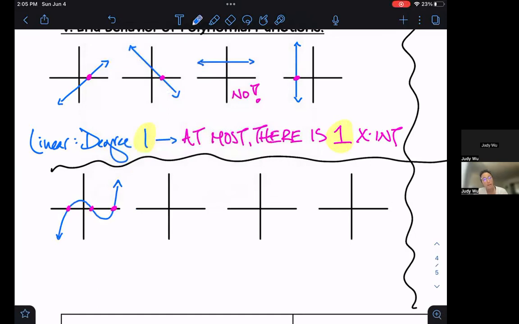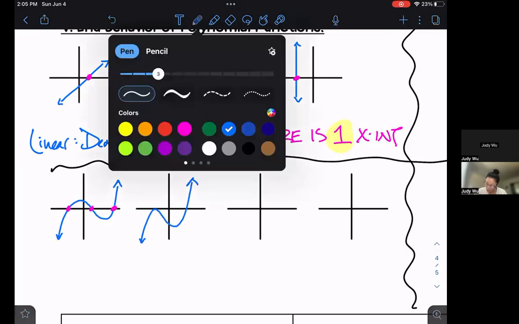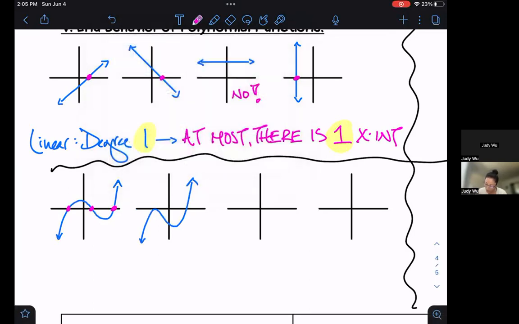Can I draw a cubic that only crosses the x-axis or touches the x-axis twice? Well, I could maybe if I did something like this. Once, twice, right? And so in this picture, I've drawn a cubic or degree 3 that has 2 x-intercepts, right?